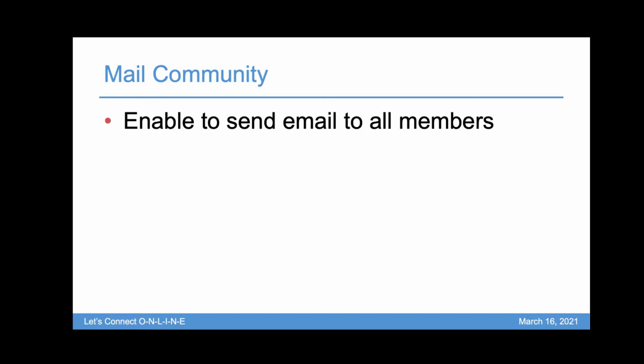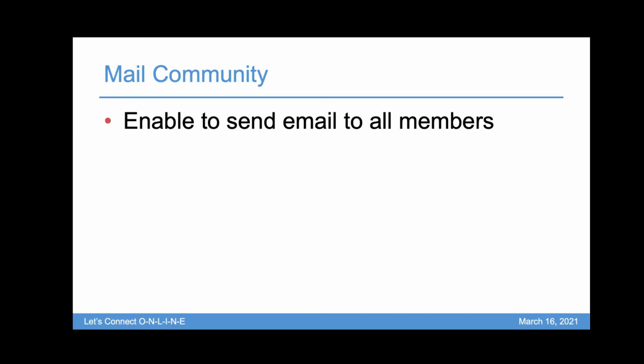And recently I had a customer who wanted to enable the mail community feature, or it was disabled for a reason. This feature allows community members or community owners to send email to everybody in your community, which is quite handy if you have communities of mixed users based on their interests.